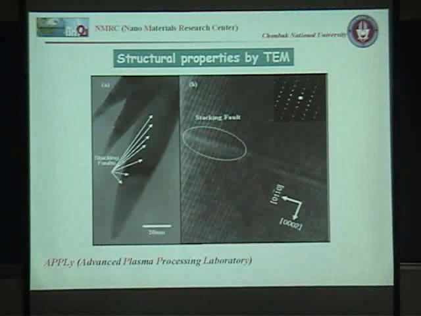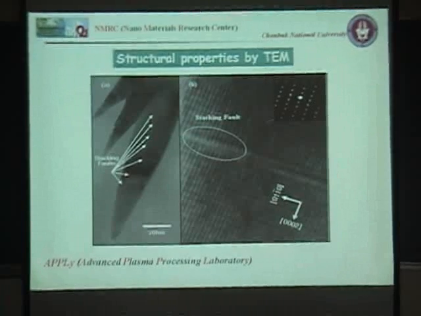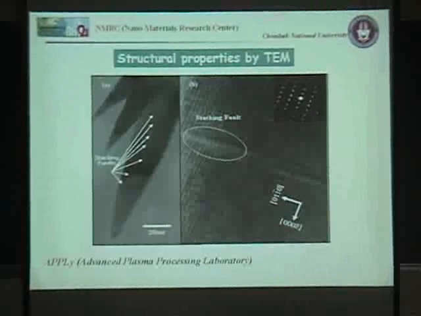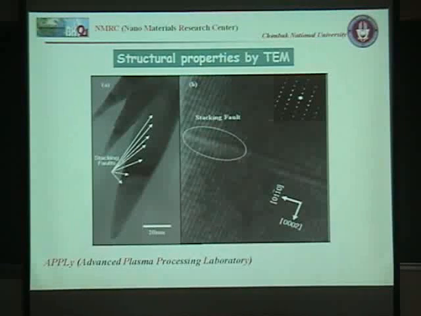These structures are formed somewhat because of the interstitials of zinc, and we call them stacking faults. We can say that these structures have some stacking faults.